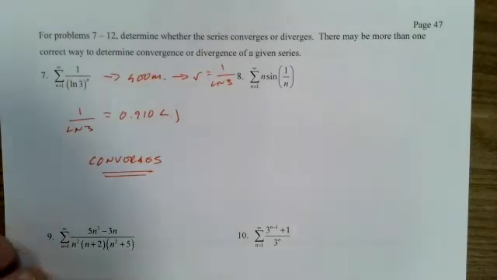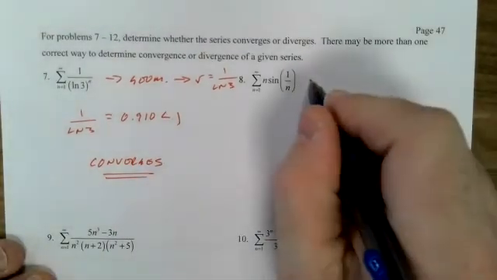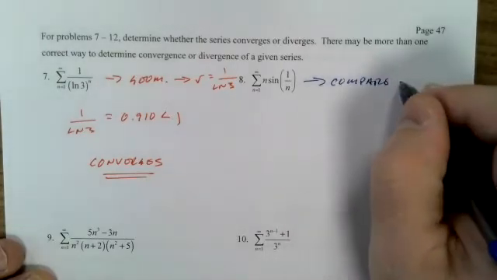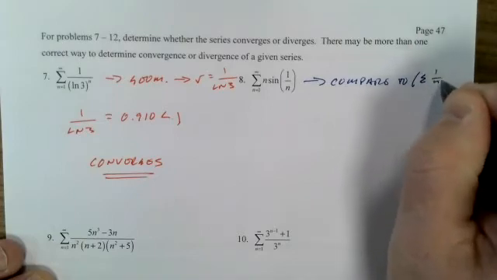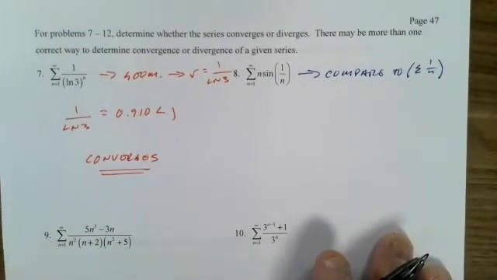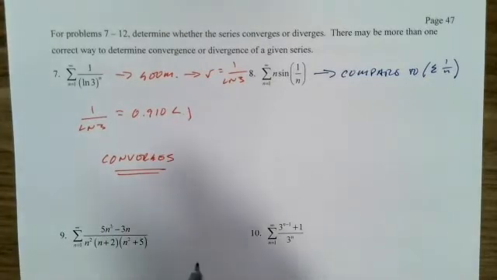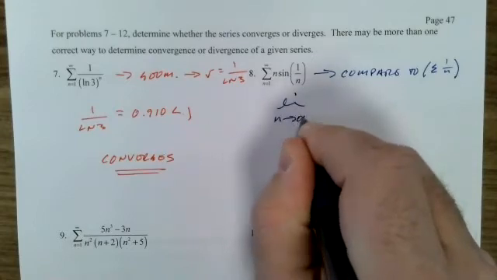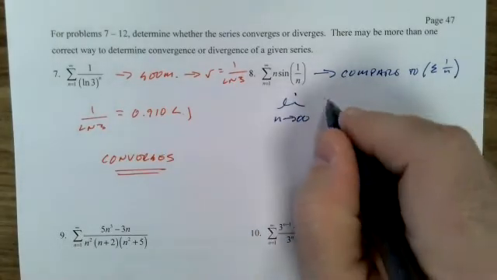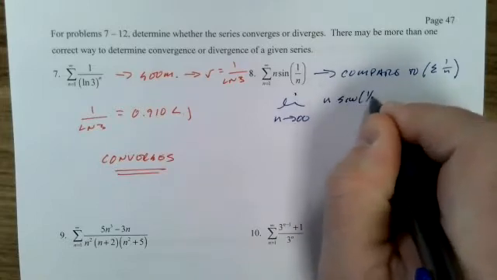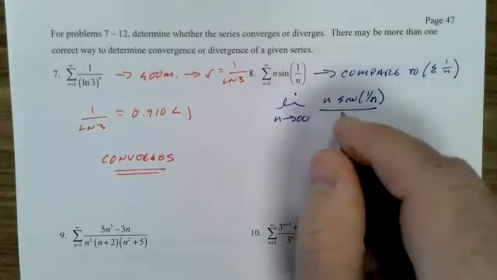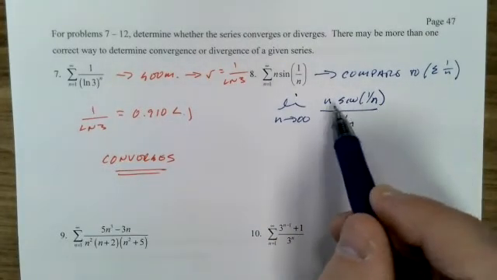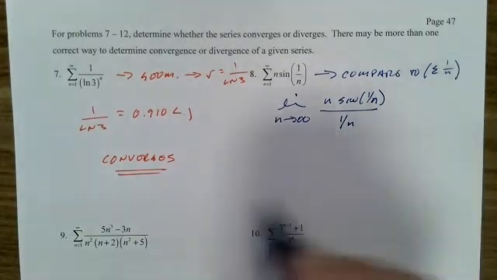I love these problems. This one we're going to compare, which seems odd, but I believe I've done a problem like this before, to the sum of 1 over n. Limit as n approaches infinity, so we get n sine of 1 over n over 1 over n, which will be, let's see, 0 times infinity over 0, basically 0 over 0.